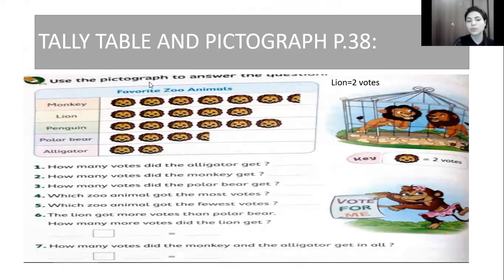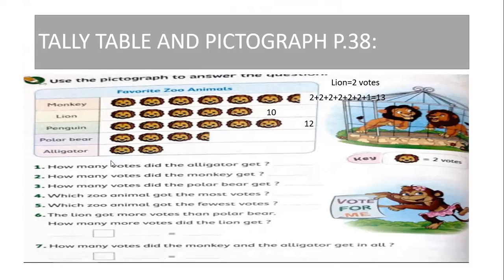So it is 2 plus 2 plus 2 plus 2 plus 2 plus 2 plus 1. It is 13. Here, it is 10, 2 plus 2 plus 2 plus 2 plus 2. Here it is 2 plus 2 plus 2 plus 2 plus 2 plus 2, it is 12. And here it is 2 plus 2 plus 2 plus 1, it is 7. Here, 2 plus 2, 4.